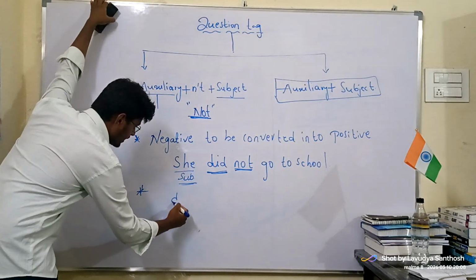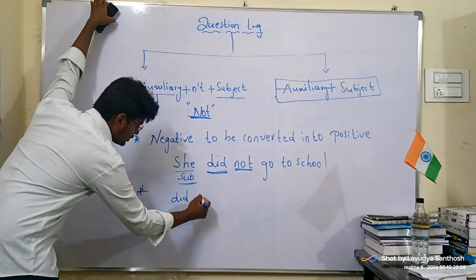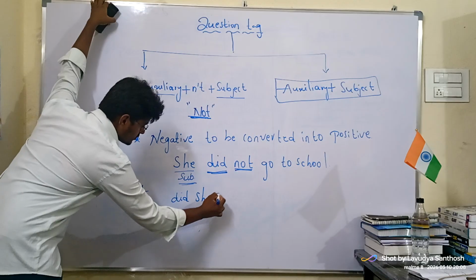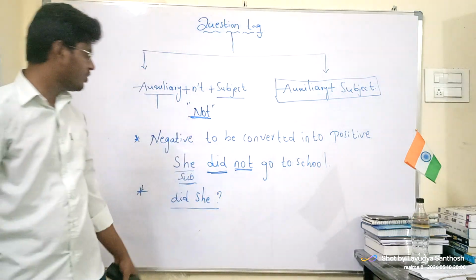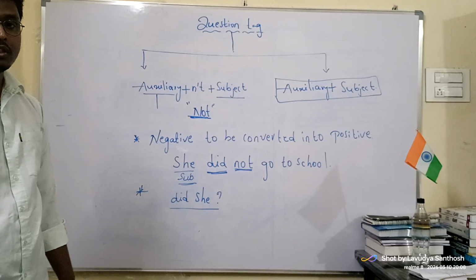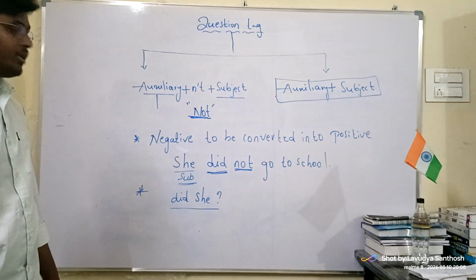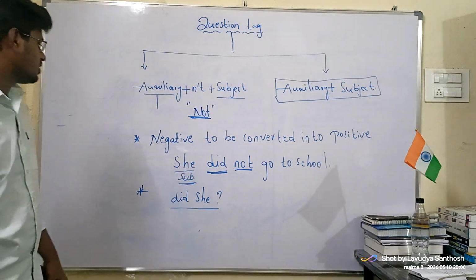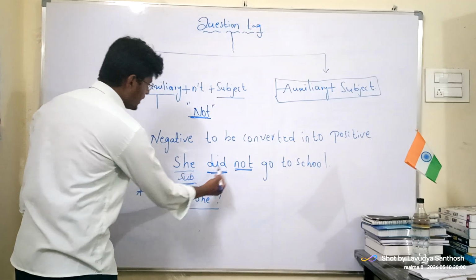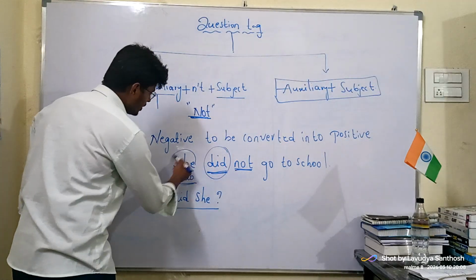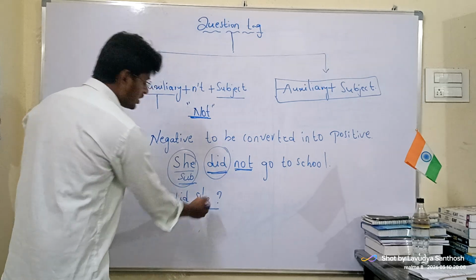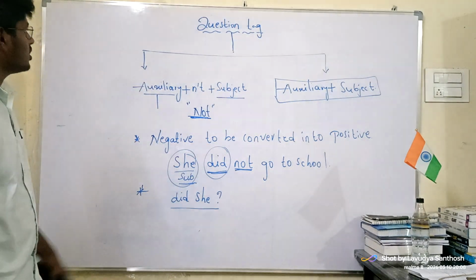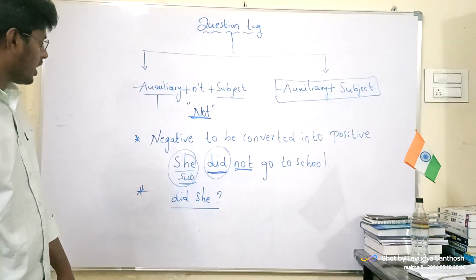Did she? This is your answer. Did she? Because did is the auxiliary, she is the subject. What we have written is did plus subject. That is what the question tag is all about.